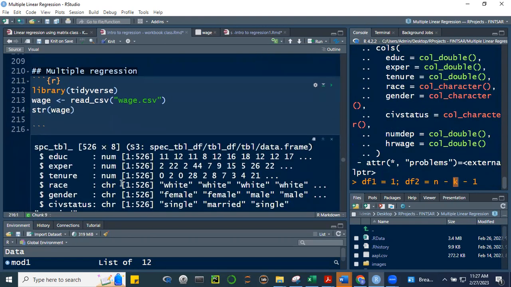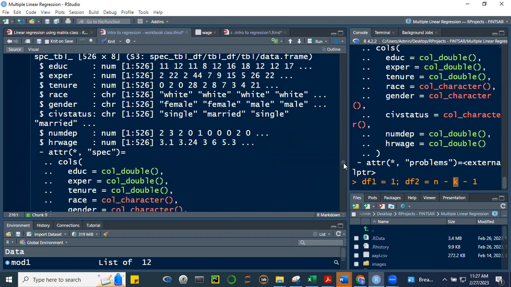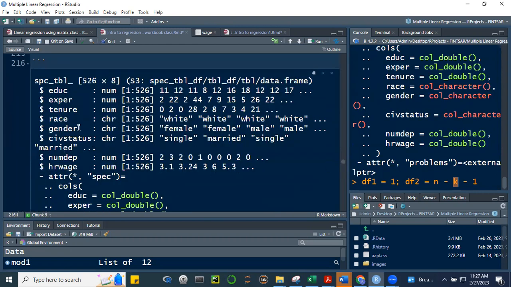So alam natin na may character dyan, no? Character. Now, when we regress hourly wage on race, gender, and civil status, R will solve that, no? Tapos makikita natin ngayon kung paano i-interpret yung mga categorical variables as regressors.